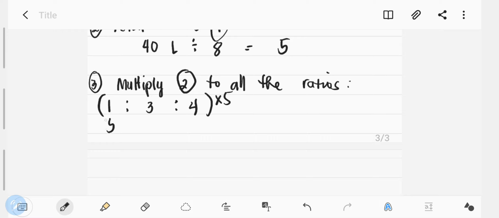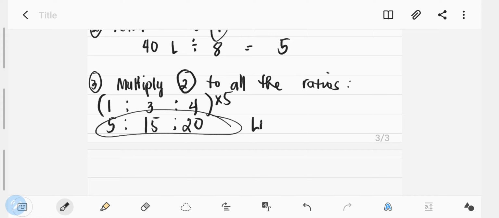So, 1 times 5, that's 5. 3 times 5, that's 15. 4 times 5, that's 20. So, how do you know if it's correct? When you add them all, it should equal 40. So, 5 plus 15, that's 20, plus 20, that's 40. So, this is our ratio. This means the three containers have 5 liters, 15 liters, and 20 liters respectively. So, just 3 steps.